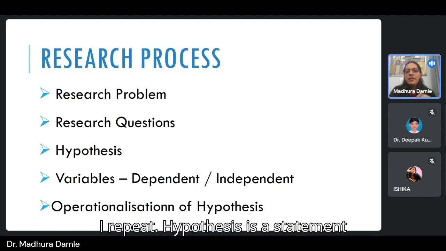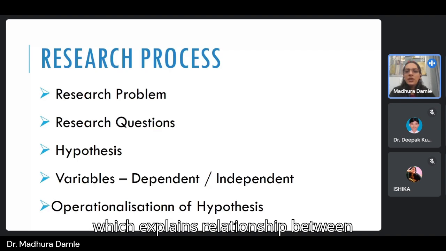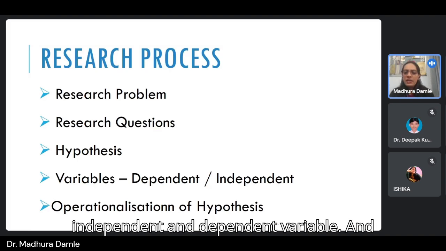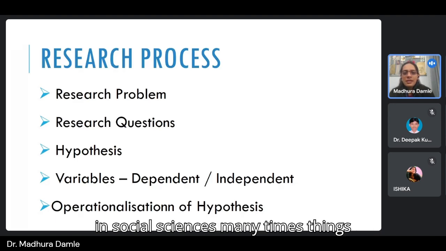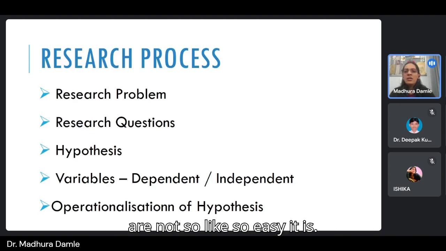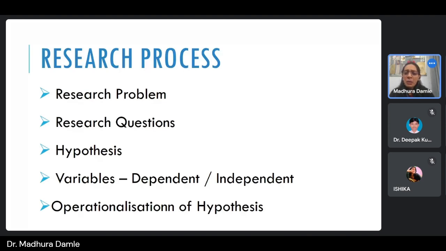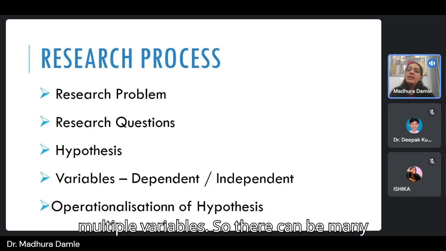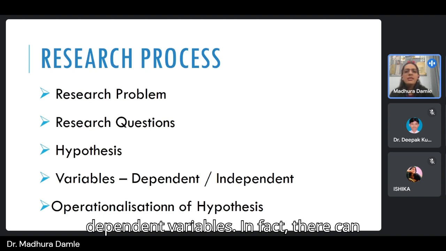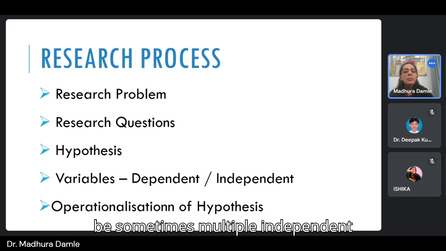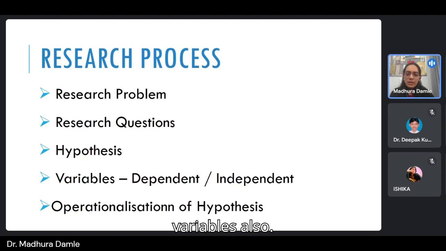So I repeat, hypothesis is a statement which explains the relationship between independent and dependent variable. And in social sciences, many times things are not so easy. There are not just two factors or two variables. Sometimes we deal with multiple variables. There can be many dependent variables, and in fact sometimes multiple independent variables also.